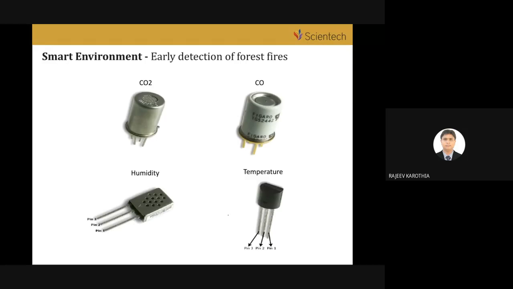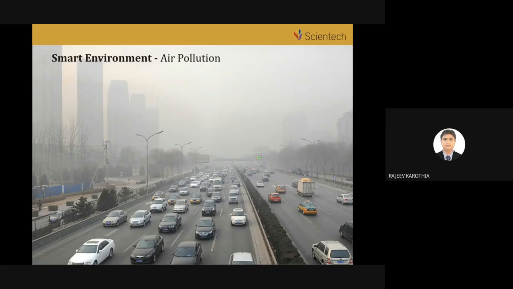In that application, we have used carbon dioxide and carbon monoxide sensors, temperature, humidity, and some other sensors. We have also given them thermal cameras, so with that you can get the temperature condition or fire condition in the forest.